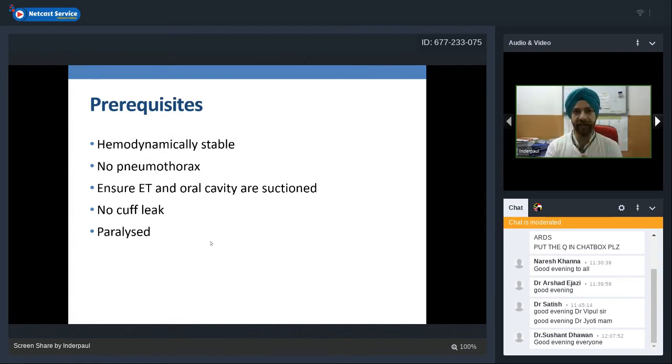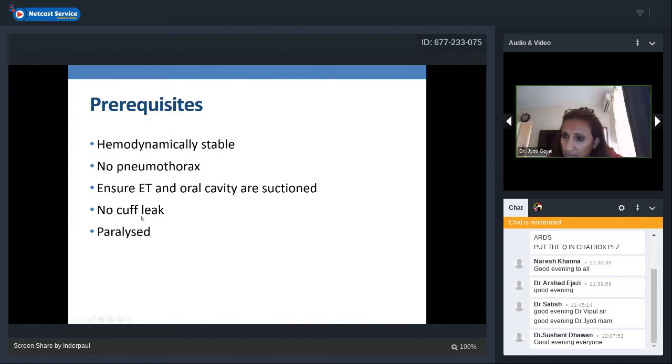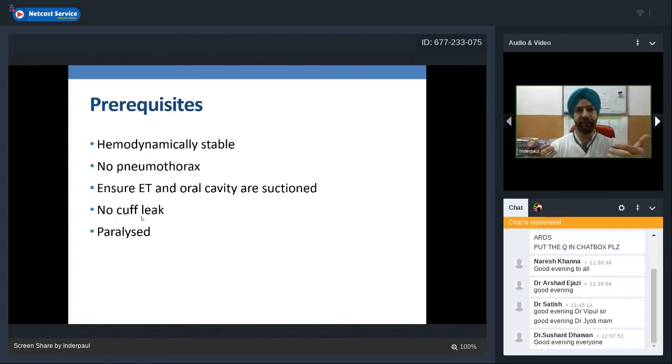If there are, and if you want to do suction, do it now. Ensure that the endotracheal tube cuff is working properly so that there is no cuff leak, because when you inflate the pressures high, there are chances that the pressure will leak from the cuff side. And the patient has to be completely paralyzed. So these are the requisites that you must do. It is a checklist, in fact, before even thinking of doing a recruitment maneuver.